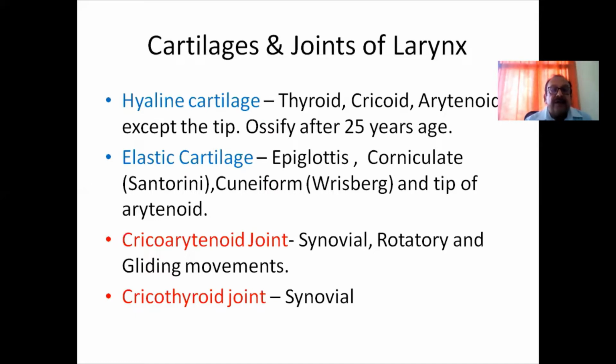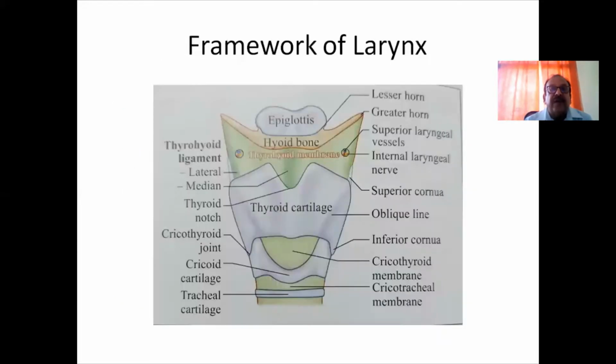Then there are few elastic cartilages, that is epiglottis, corniculate, cuneiform cartilage, and the tip of arytenoid cartilage. There are two joints, cricoarytenoid joint, which is a synovial joint. It has rotatory and gliding movements. Another joint is cricothyroid joint, which is a synovial joint.